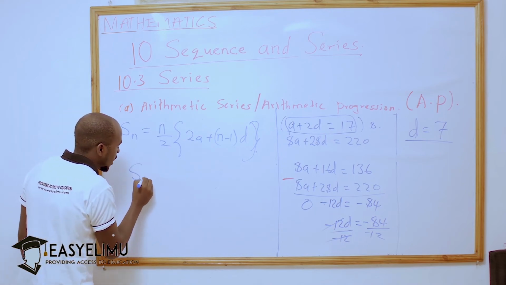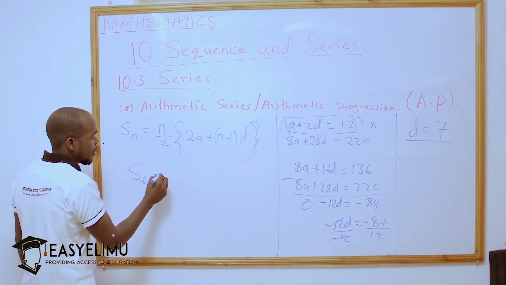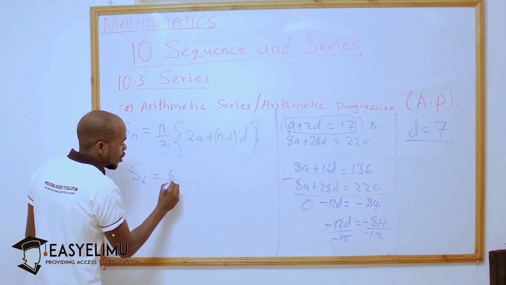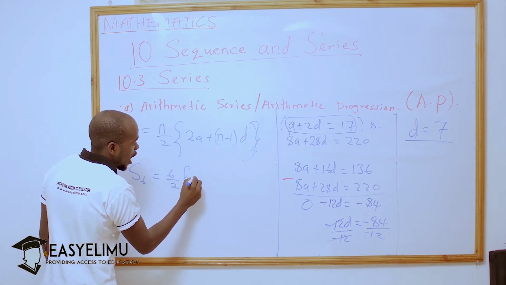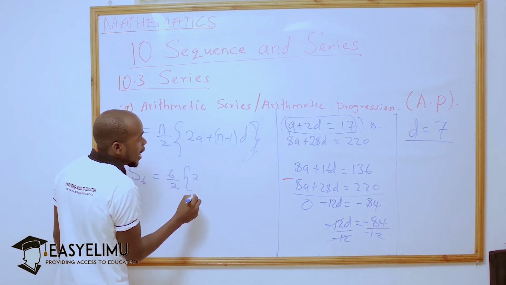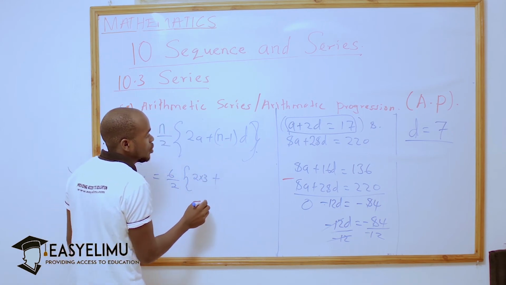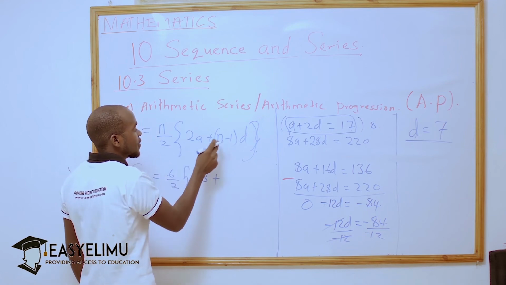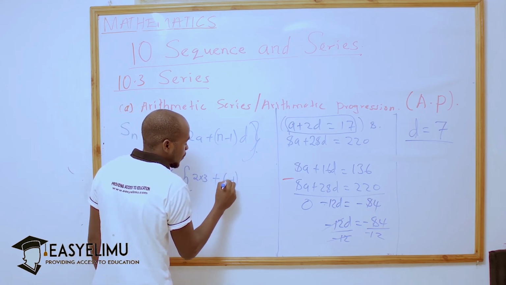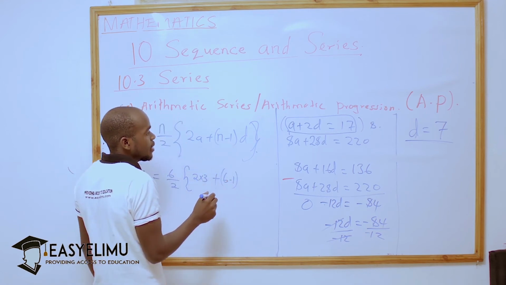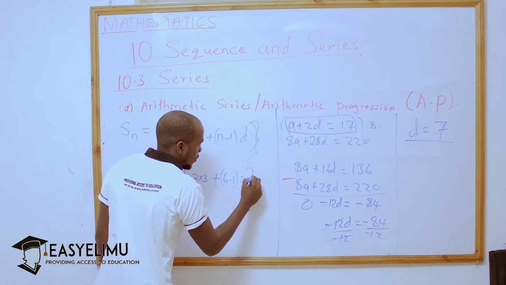So if it is S6, n is 6, over 2. Then we have 2 multiplied by a, which we have found is 3. Then we add n minus 1, n is 6, so 6 minus 1, then d we have as 7.